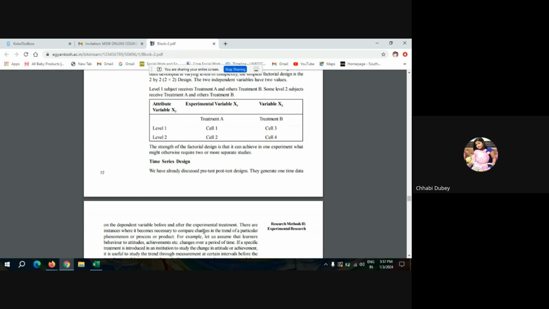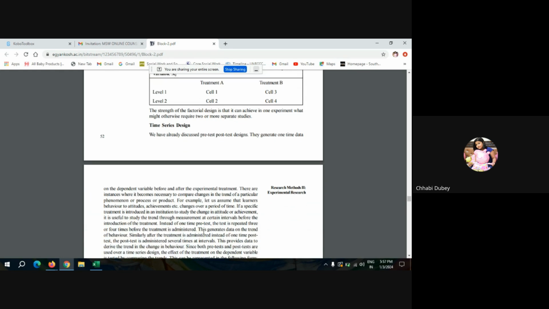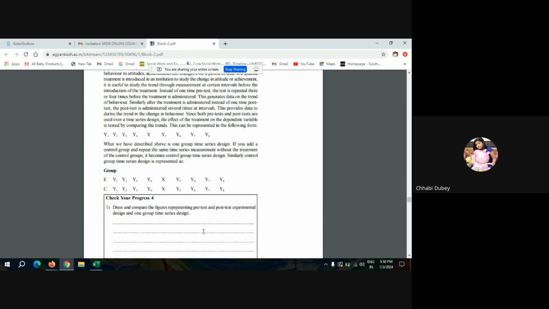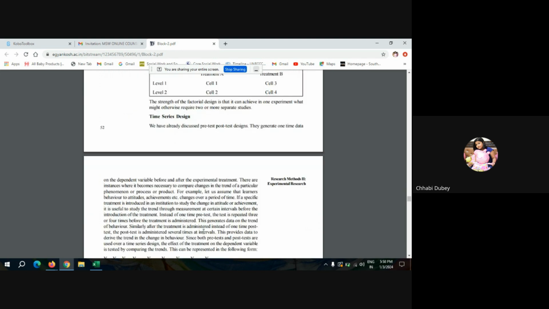Now, time series designs, which we have already seen, are where the experiment is conducted multiple times and you take the data over a period of time. So this is what is known as the time series design.